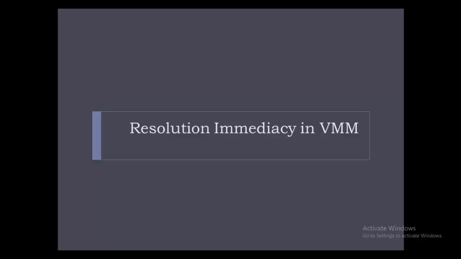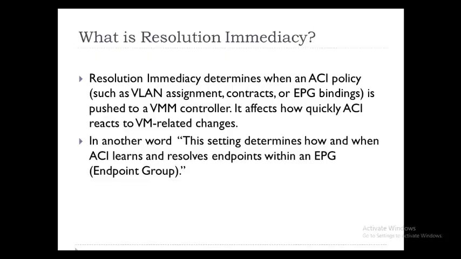You can say after all the deployment or on demand. There are 3 different options. How quick ACI will react to the VM related change. In other words, this setting determines how and when ACI learns and resolves the endpoint within EPG.